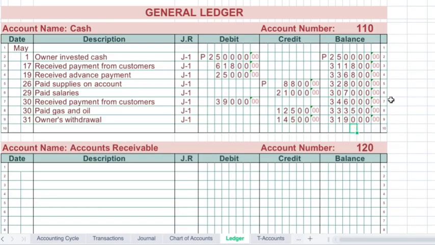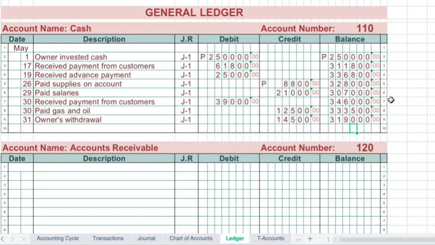Okay, so that's it for general ledger. So, ganyan lang siya. Ito-transfer lang natin or ipopost natin yung mga entries natin from the journal to the ledger. So, again, kung sa journal, chronological siya yung pag-entry natin ng accounts. Pag-record ng transactions. So, general ledger naman is by account. Okay? It is classified by account.